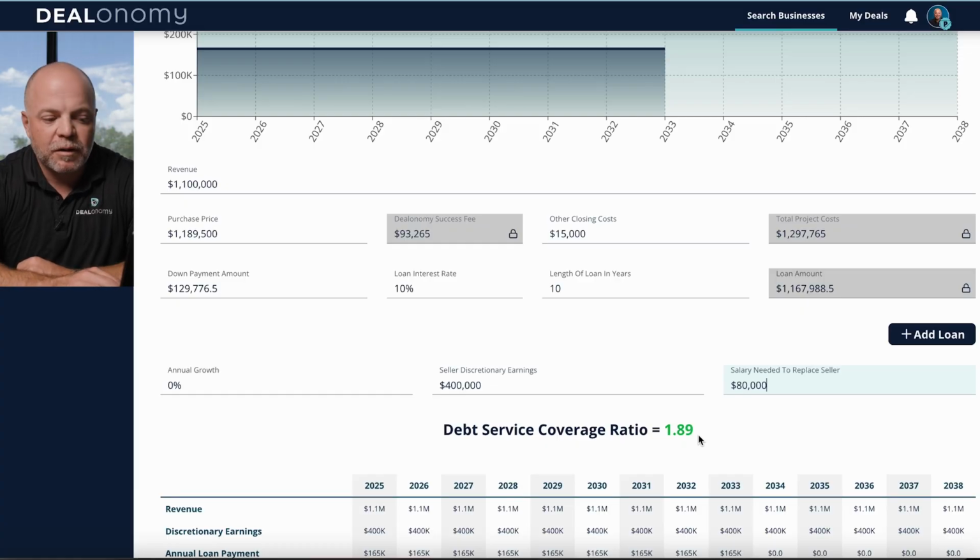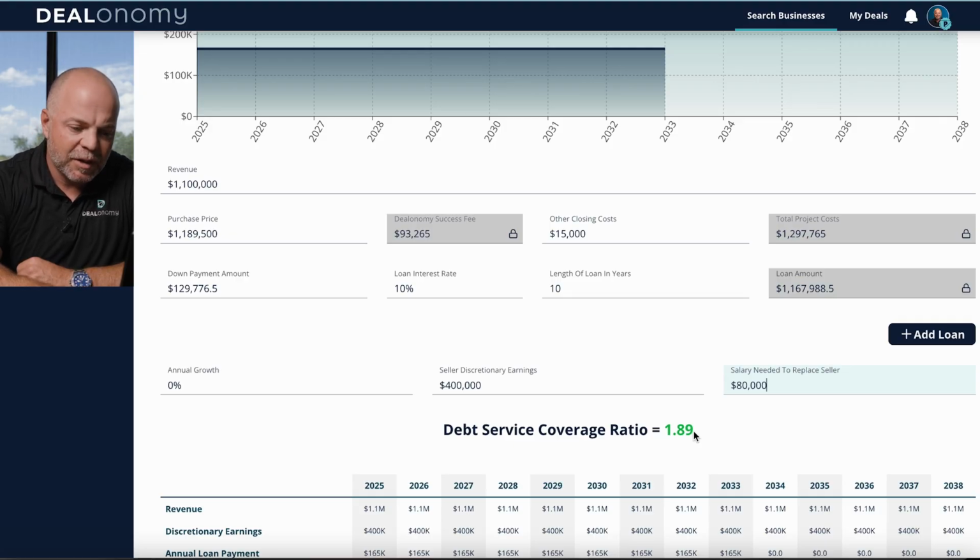That just means you've got about a 50% fudge factor there, a margin of error, to be able to make sure you service the debt, pay yourself, and still have money left over for profit, reinvestment, and a margin of safety. If you have less than 1 on your debt service coverage ratio, that means you're signing up to lose money. So you're immediately going to be losing money.